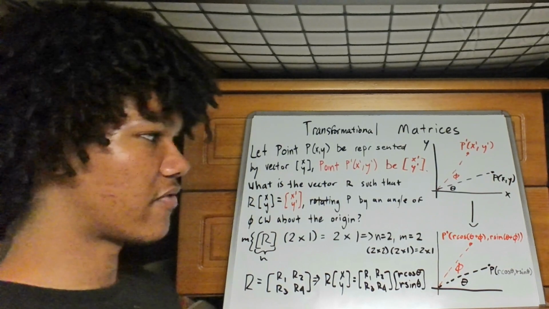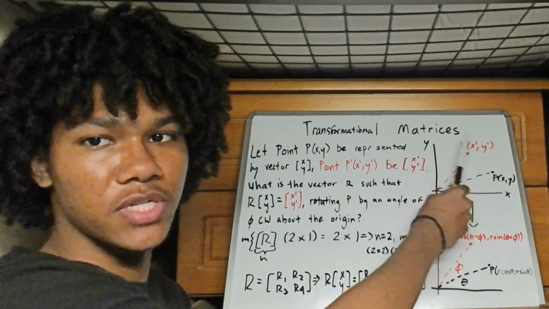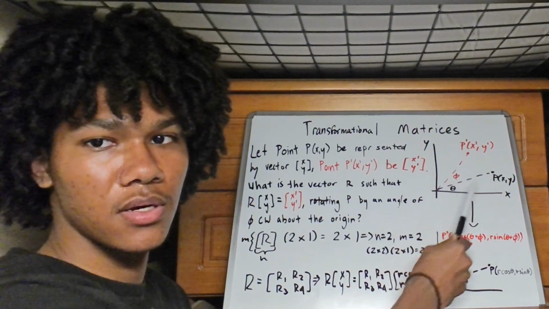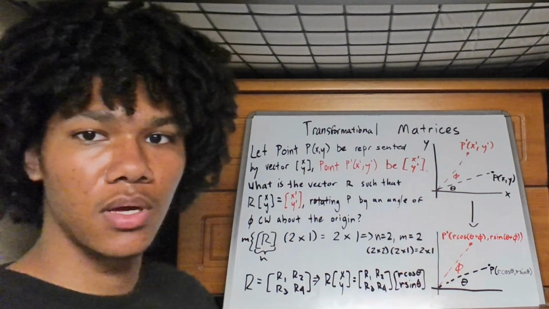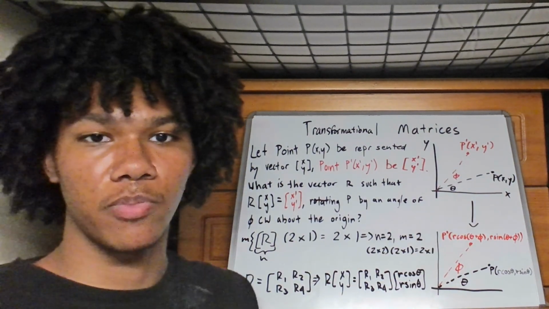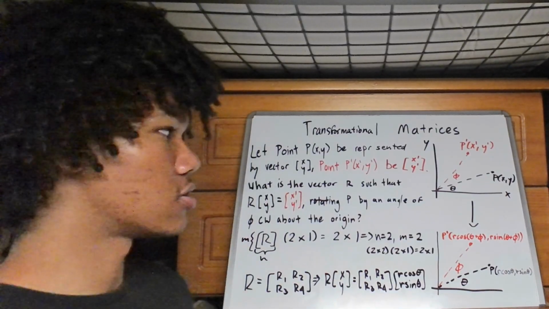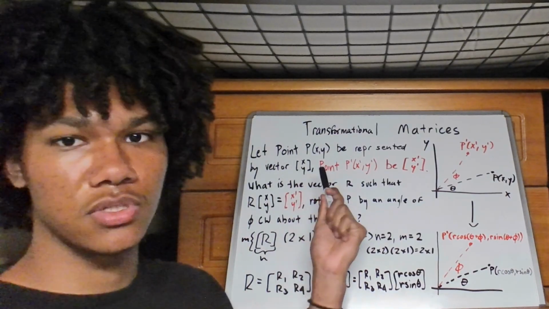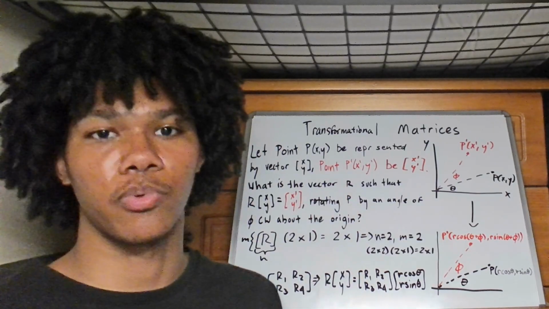So we have our points P and P prime. This is just a point and we're rotating it an angle phi around the origin clockwise, resulting in P prime. So let's represent our points by column vectors with x and y coordinates. It's going to have values in this 2x1 matrix, and that's just going to represent our point.